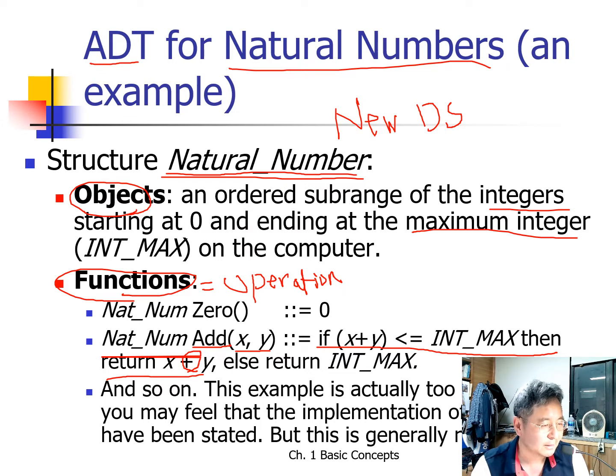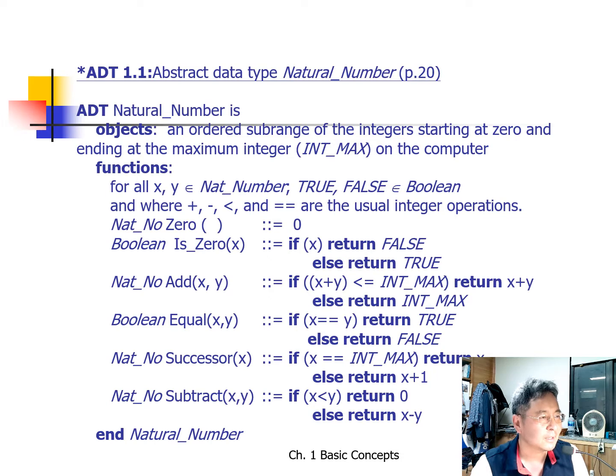Addition is included in the computer language. This add function is an operation of this natural number data structure. Any other operations can be defined following this add operation. So here is the complete abstract data type of natural number.